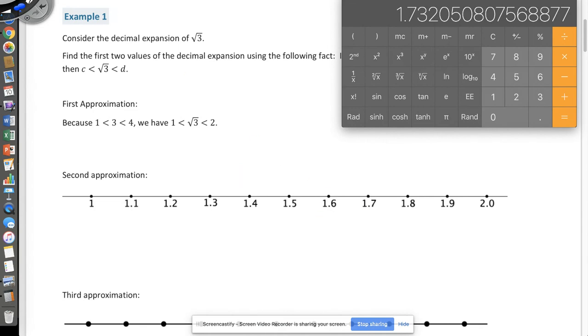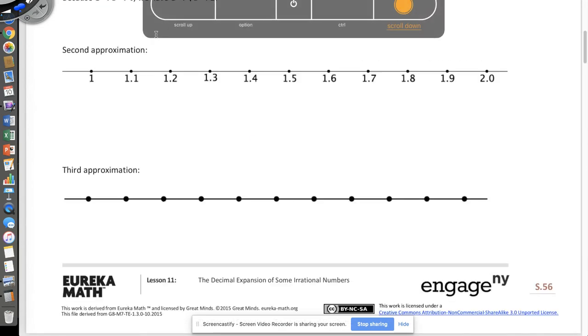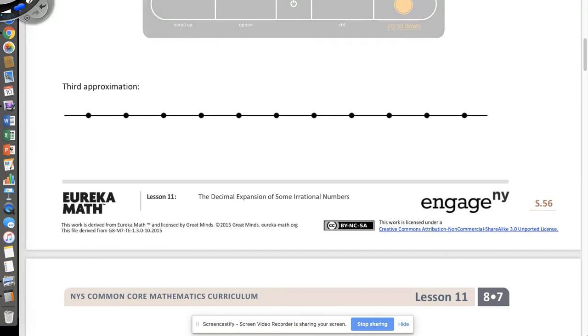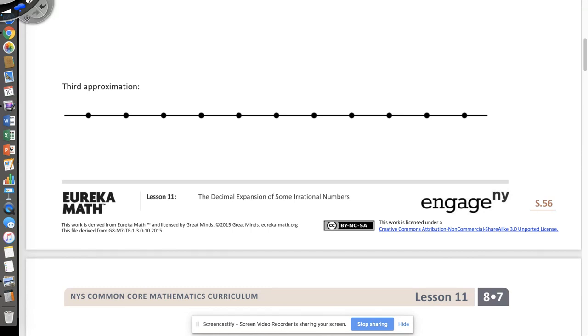Now let's see if we can break it down even farther, which means can we get to a better, more exact location rather than just 1.7. Well, if you remember, we had 1.732. Since I had 1.7 last time, that's actually where I'm going to begin, and I'm going to add in a second digit. So I'm going to add in the hundredths place.